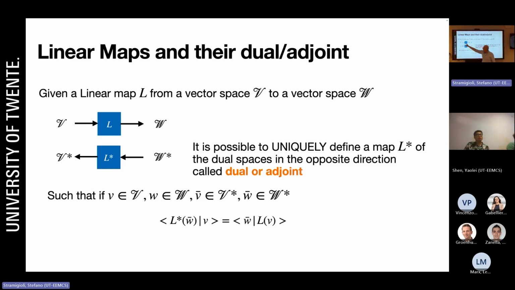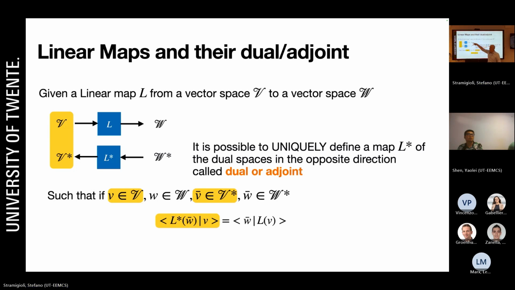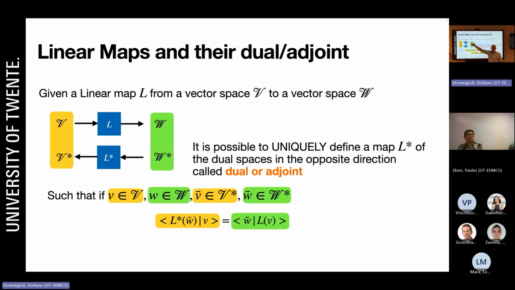So if this map goes from V to W, the other map goes from the dual of W back, and is defined in such a way that if I give you an element here and an element here, you can let them kiss each other and give a real number: velocity, force, power. And you want this power to be equal to this power.